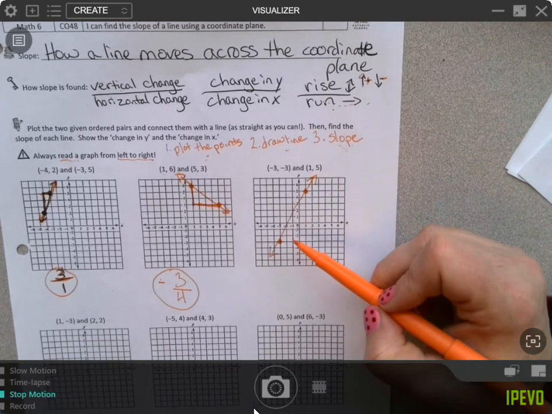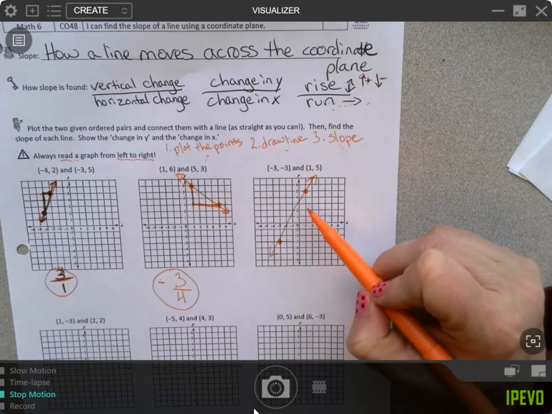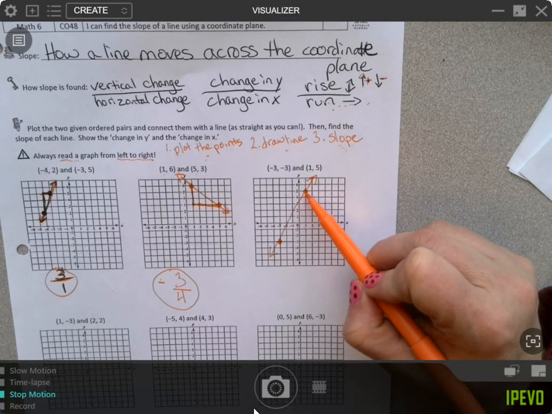So your points should be at -3, -3, and at 1, 5 up here.